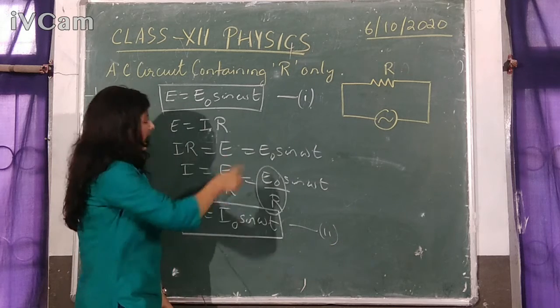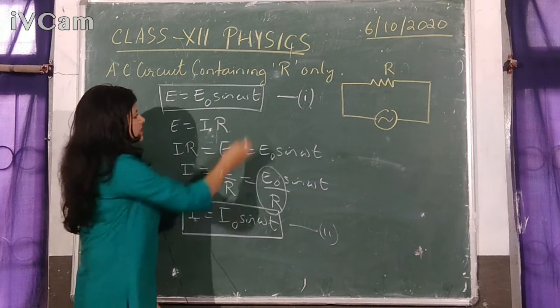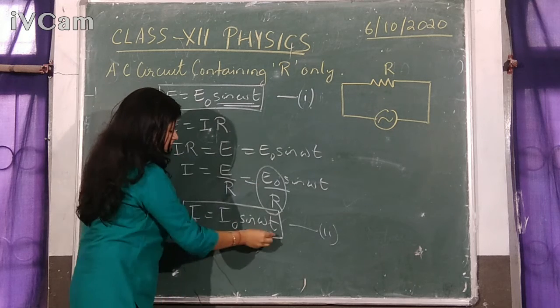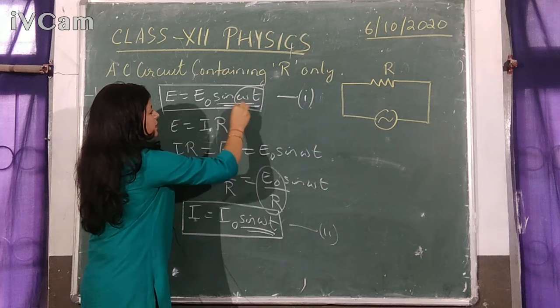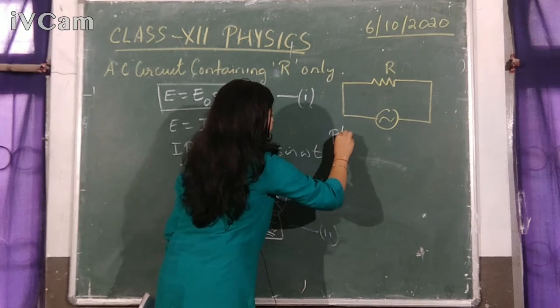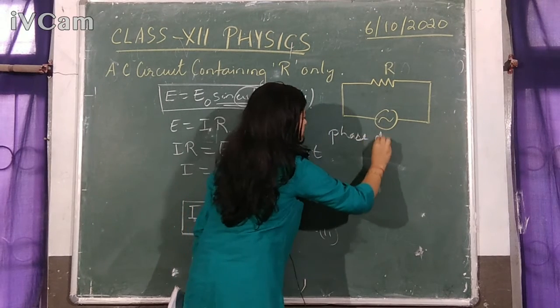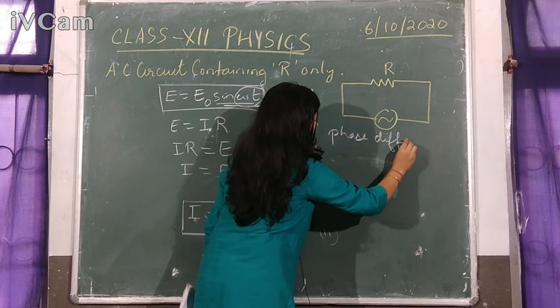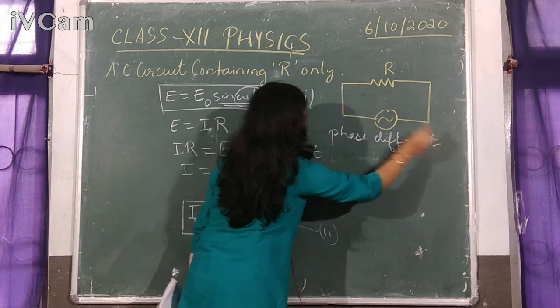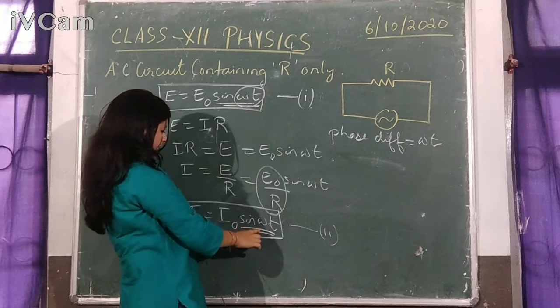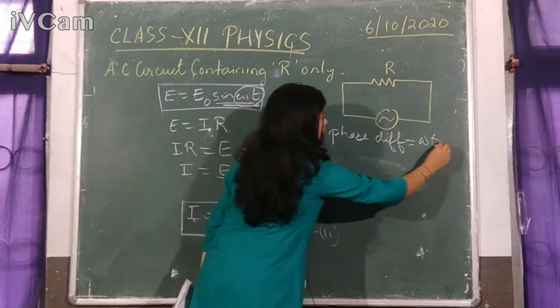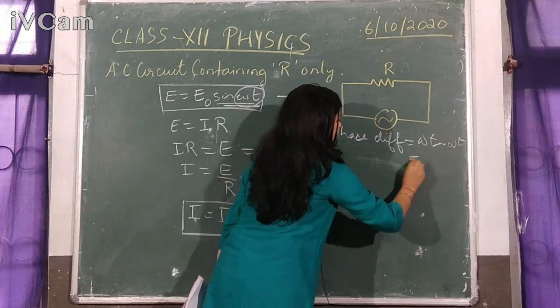If you compare these two equations, just see these two terms. What is the phase for this one? Omega t. So the phase for the current is omega t, and for EMF it is again omega t. So omega t minus omega t is equal to 0.